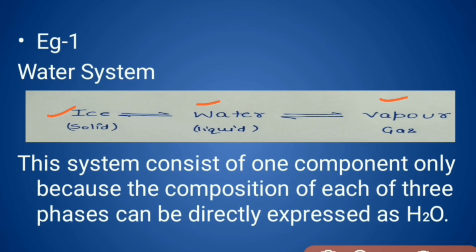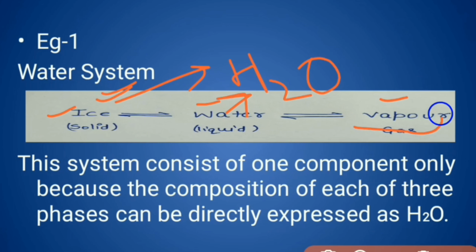Why one component? We can see solid, liquid and gas. Three phases are present here, but the component is only one. Why? Because if we talk about the composition of ice, we say H2O. For water, liquid, we talk about H2O. For vapor, gas, we talk about H2O.